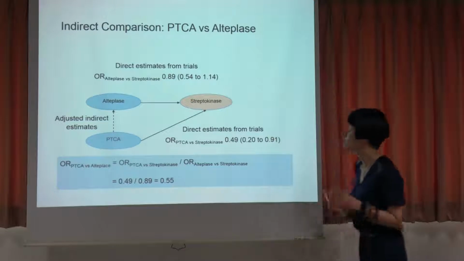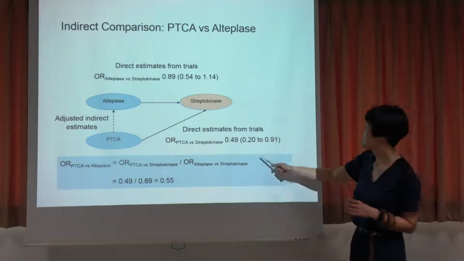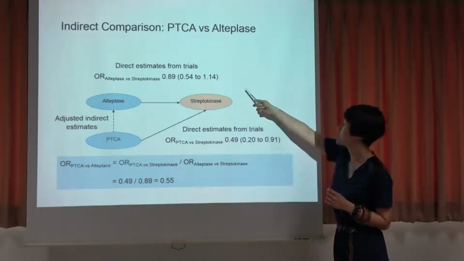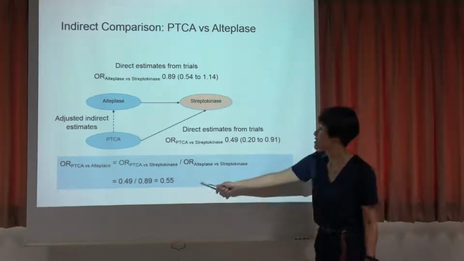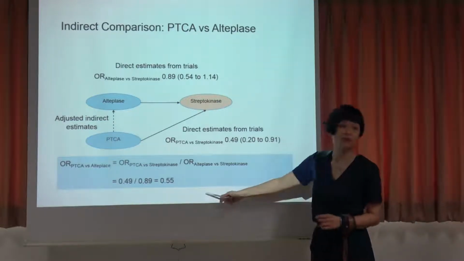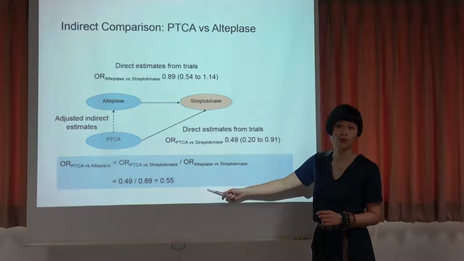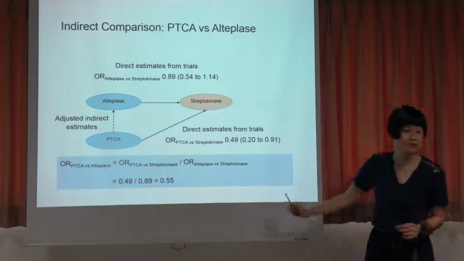So the odds ratio is basically 0.49 divided by 0.89, which gives us a relative treatment effect of 0.55. It's very straightforward in an adjusted indirect comparison.